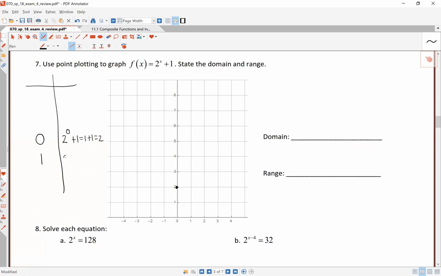If I plug in 1, that's 2 to the first plus 1, which is 2 plus 1, which is 3. If I plug in 2, that's 2 squared is 4, plus 1 is 5. And 3, that's 2 cubed is 8, plus 1, which is 9.